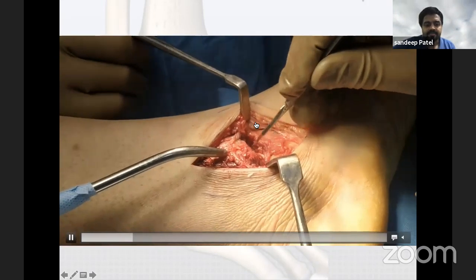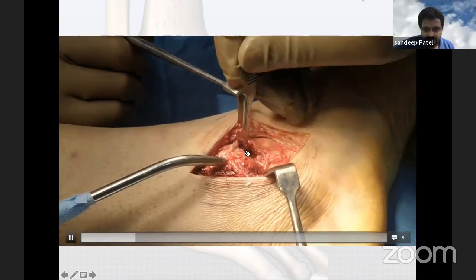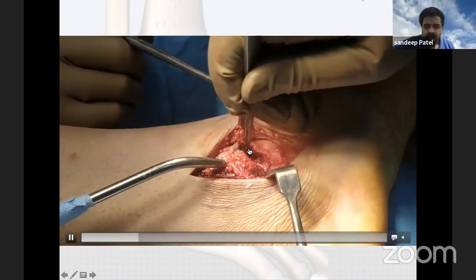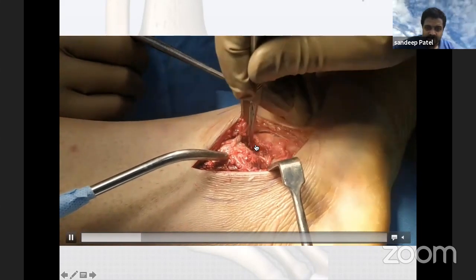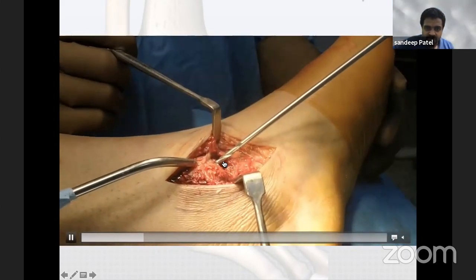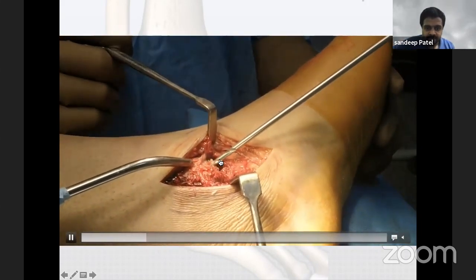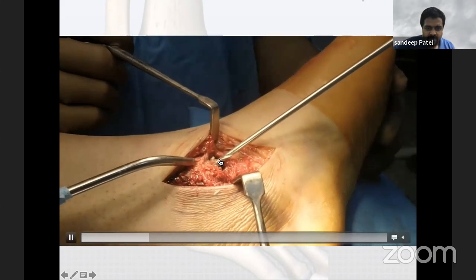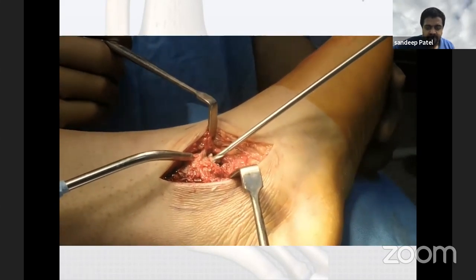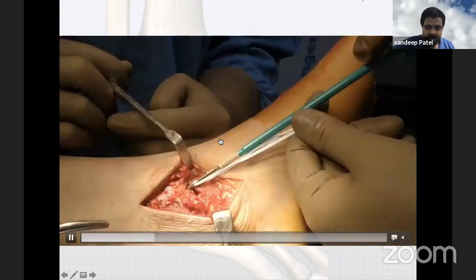So we are clearing and freshening the surface so that the repair can be augmented. Once it's freshened, we drill in the medial malleolus for an anchor, and then we would try to approximate.